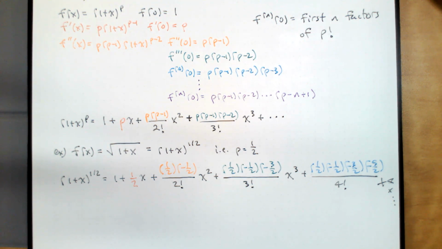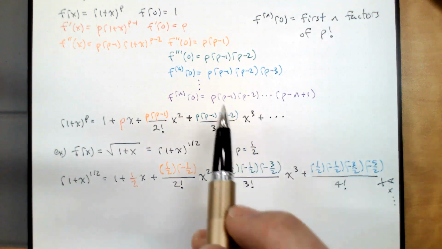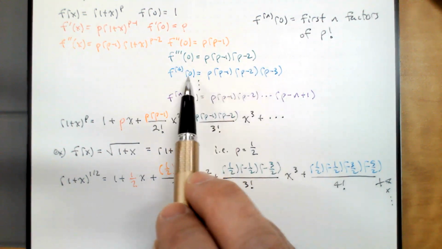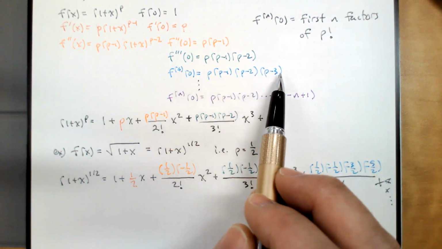Yes. So we have, what's the plus one? That's telling us where we stop. So notice that the third derivative stopped at p minus 2, and the fourth derivative stopped at p minus 3.